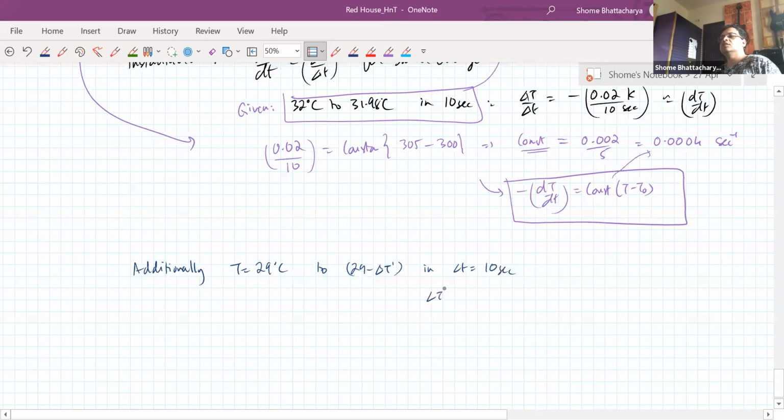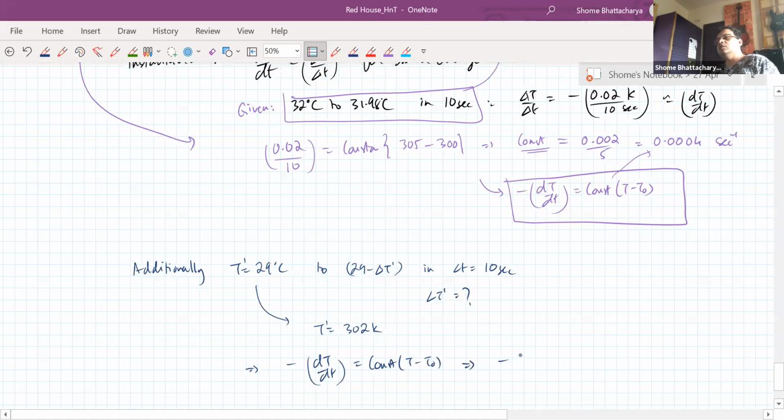So we have to find this delta T prime. At this point of time, the temperature of the surface, let's say T prime, is 302 Kelvin. So the rate of cooling should be equal to this constant into T minus T naught.